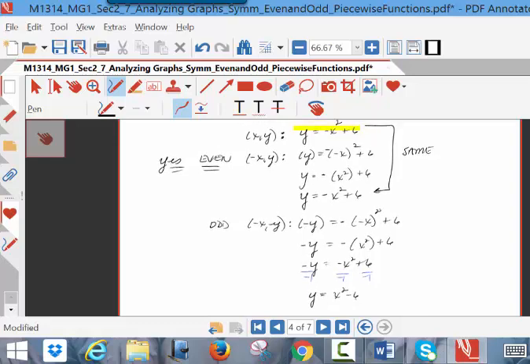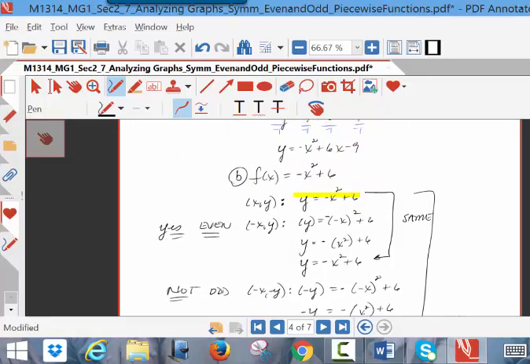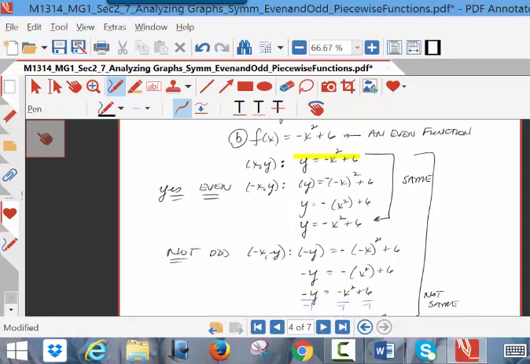This did not work, did it? Not the same. So it is not odd. It is even, but it is not odd. So the answer to this question would be an even function. Okay, so it has symmetry with respect to the y-axis.